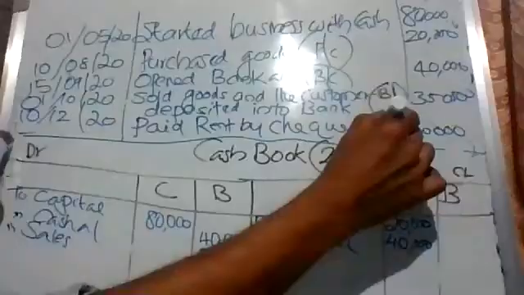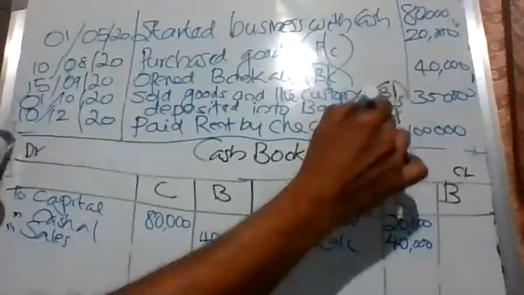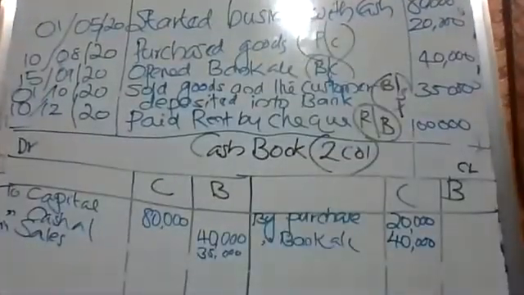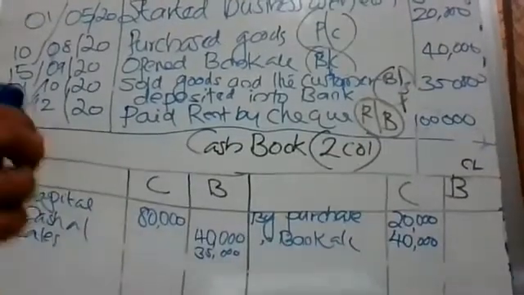Sir, rent account debit to bank account. Okay. Current account debit to bank account. We can express it like this for our knowledge. How will it appear in the cash book with group columns? On the credit side, we have to write by rent account in the bank column, sir, rupees 1 lakh. Yes.